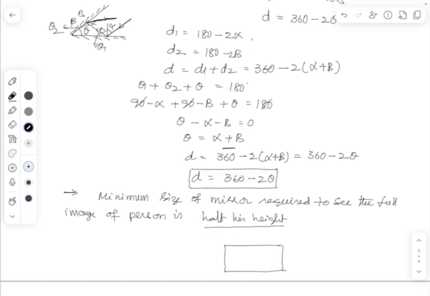In a room, this is a plane mirror, this is a person. The person's height is h. This distance is also equal to h.